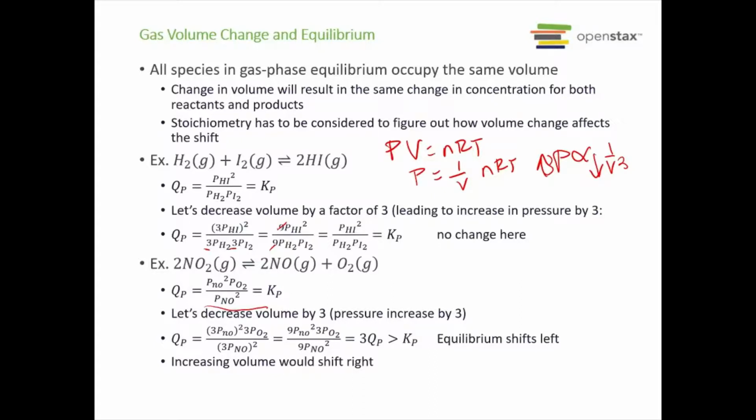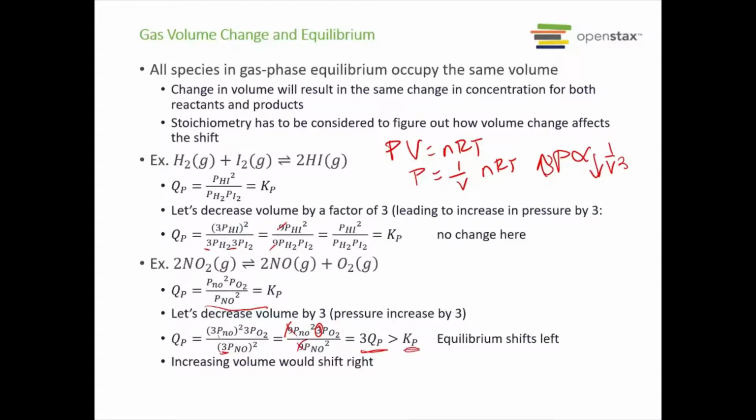So now we have 3 times the partial pressure of NO, squared, times 3 times the partial pressure of O2, over 3 times the pressure of NO2 squared. So 3 squared is 9, times the 3 from O2. Divided by this 3 squared, which is 9, so these two 9s cancel out. But we still have this 3. So now we have 3 times QP, and that is greater than KP.